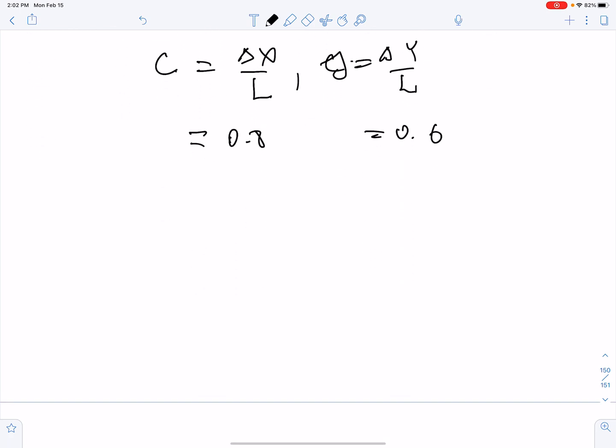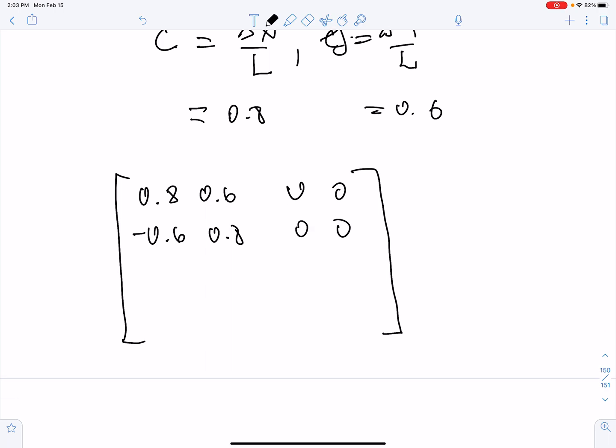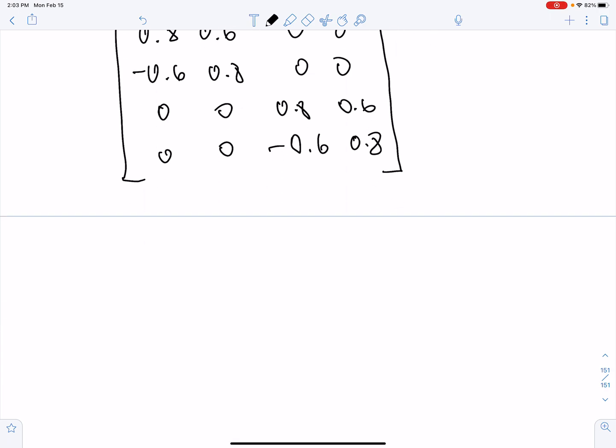Okay. So then the gamma ROT actually is like this: 0.8, 0.6, minus 0.6, 0.8, 0, 0, 0, 0, 0, 0, 0, 0, 0.8, 0.6, minus 0.6, and 0.8. Okay, gamma RBM as before.